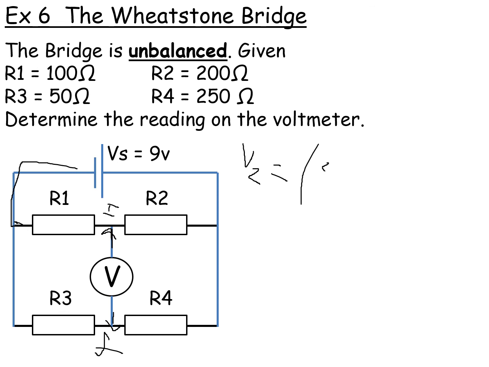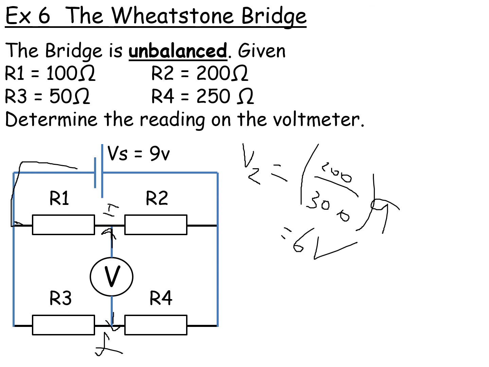So that will be 200 all over 300. Okay, and that's multiplied by 9. Okay, so that should give me an answer of 6 volts. Yep, that gives me an answer of 6 volts.